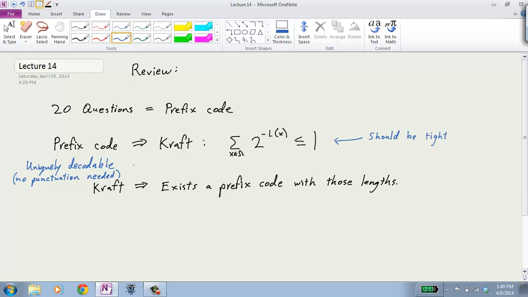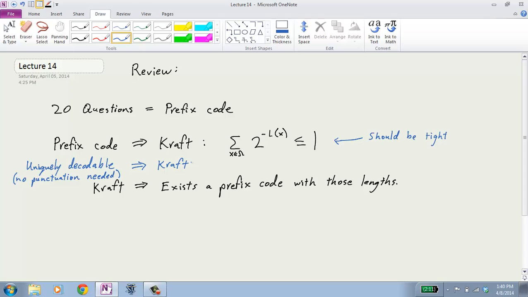So the cool thing is uniquely decodable also implies Kraft. I didn't mention this last time, but you can show that if it's uniquely decodable, it also implies the Kraft inequality. And once we have that, we know that uniquely decodable is no better than prefix. Because if uniquely decodable lengths satisfy Kraft, then we could create a prefix code with the same length.